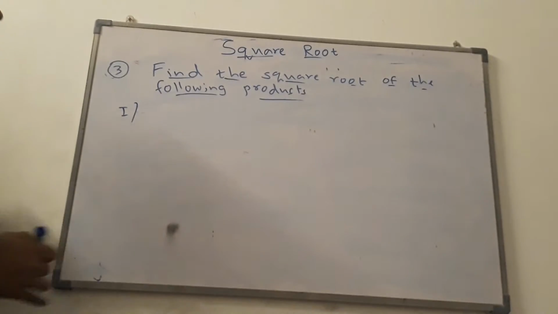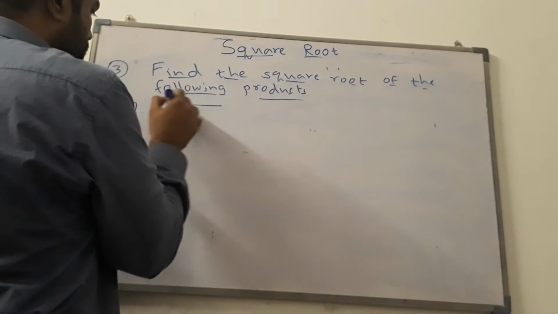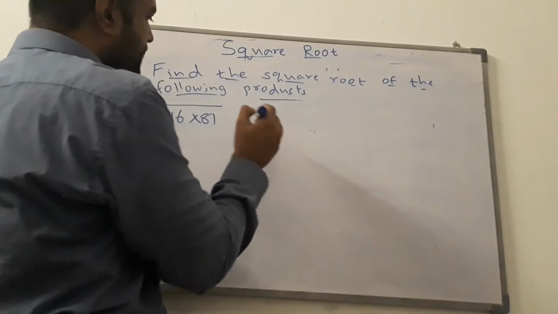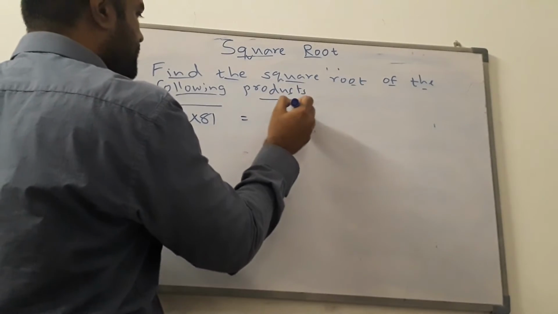First question: 16 times 81. We know we can write 16 times 81 by breaking it into two squares.